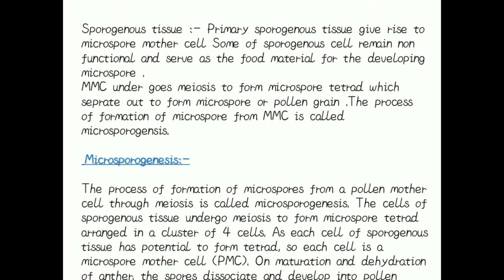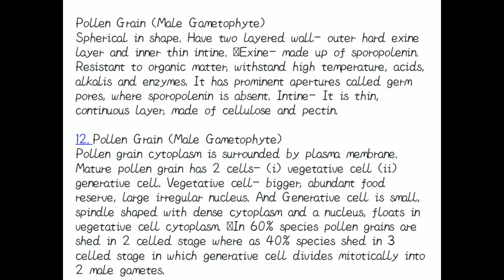As already discussed, the cells of the sporogenous tissue undergo meiosis and form the microspore tetrad arranged in a cluster of four cells. As each cell of sporogenous tissue has the potential to form a tetrad, each cell is a microspore mother cell. On maturation and dehydration of the anther, the spores dissociate and develop into pollen grains.